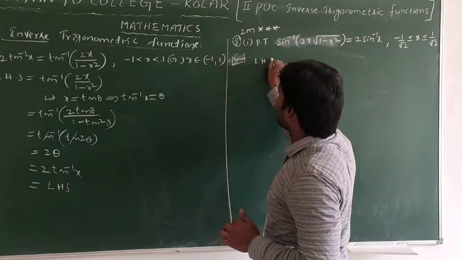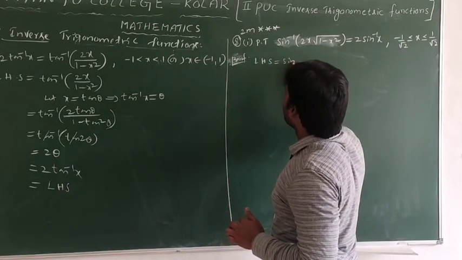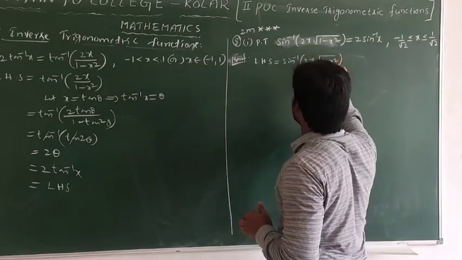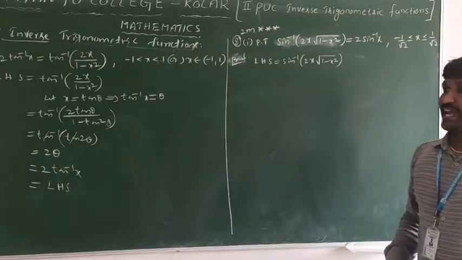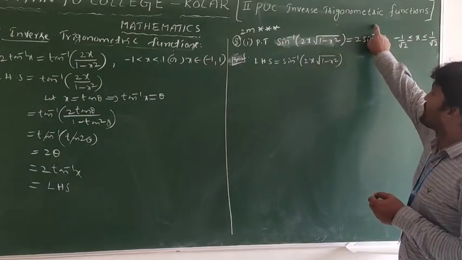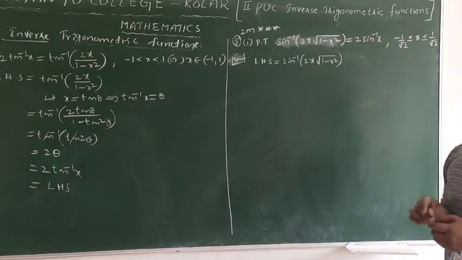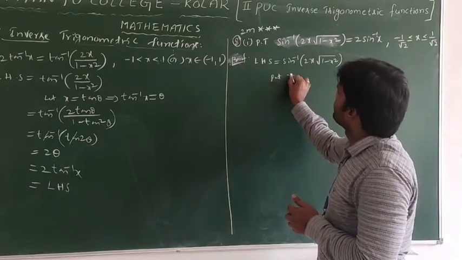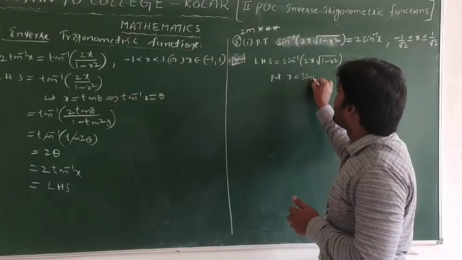What is the LHS? Sine inverse of 2x into root of 1 minus x square. We need the RHS in terms of sine inverse, that's why take x as sine theta. Put x equal to sine theta.